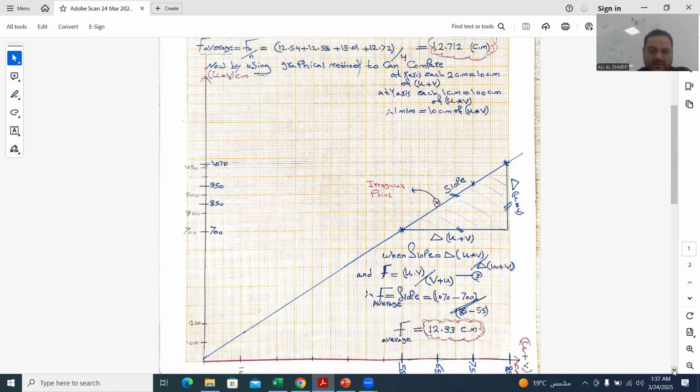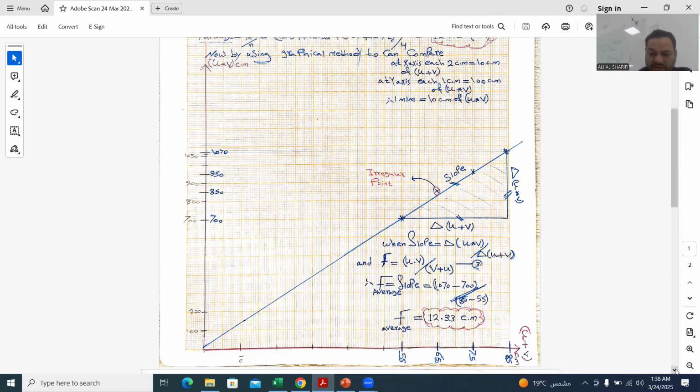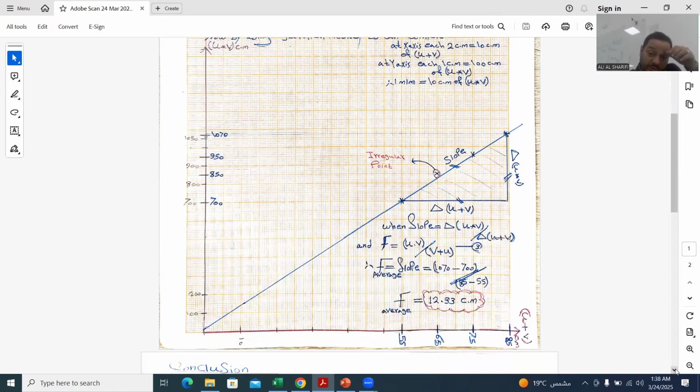Here at the x-axis, each 2 centimeters equals 10 centimeters of u plus v. At the y-axis, each 1 centimeter equals 100 centimeters of uv. By that, each 1 millimeter equals 10 centimeters of uv. I put all of these numbers at their right positions.